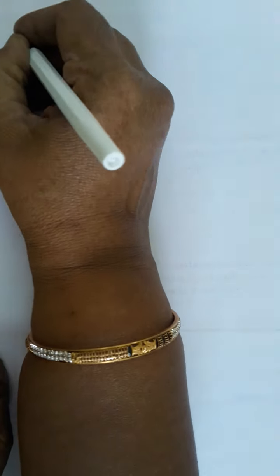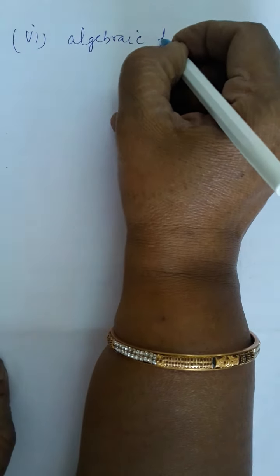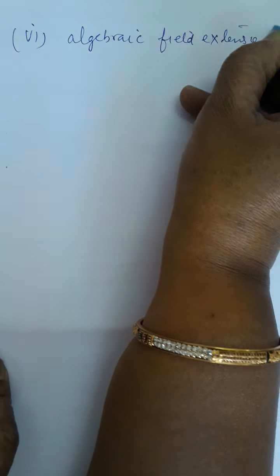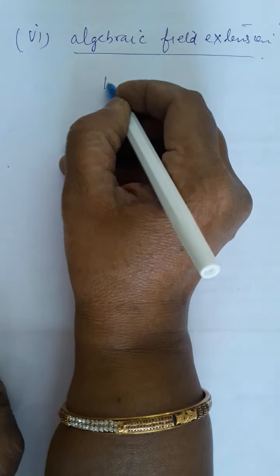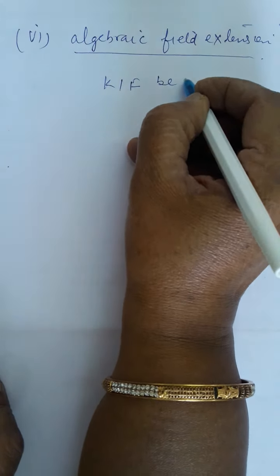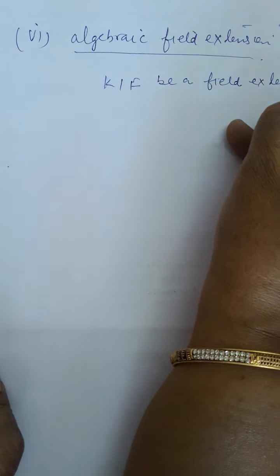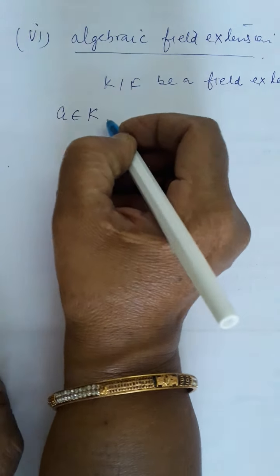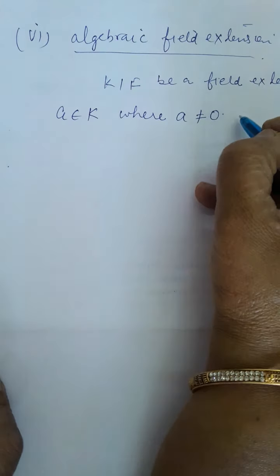Now the sixth point is algebraic field extension. Let K by F be a field extension and let a belong to K, where a is not equal to 0.